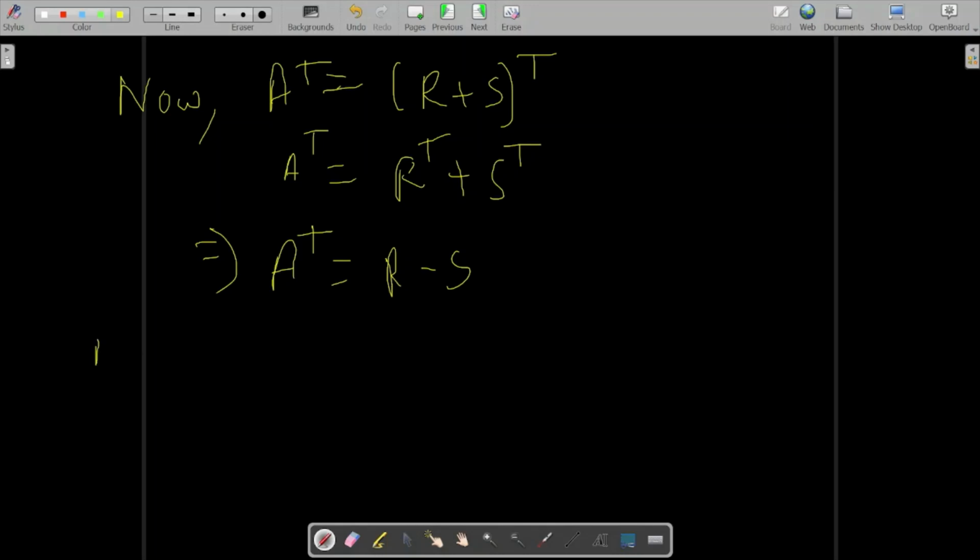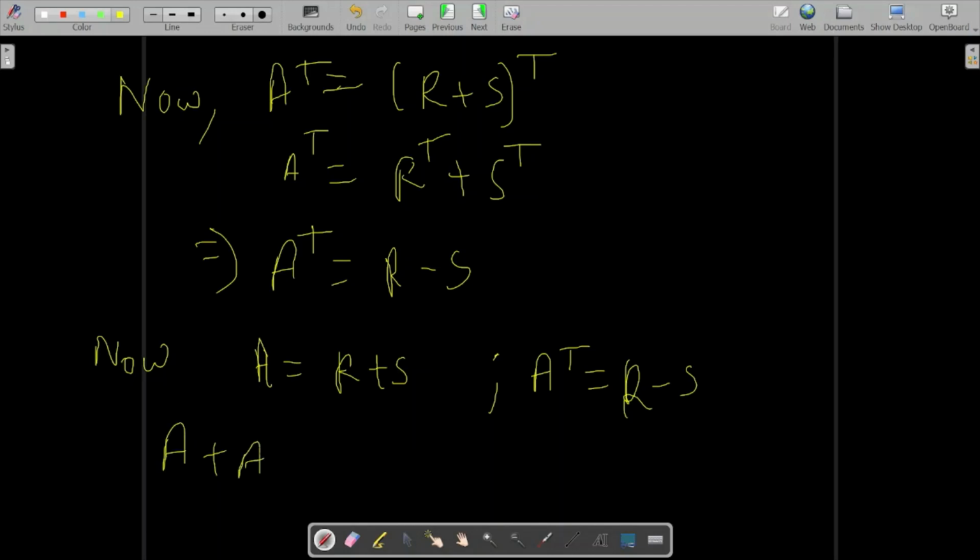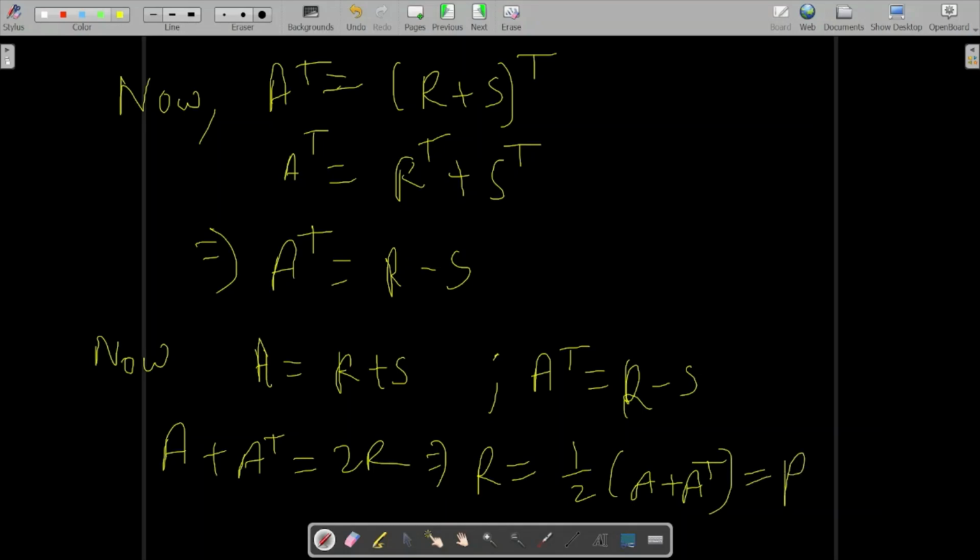Now A is equal to R plus S according to assumption, and A transpose is equal to R minus S. So clearly when we add A and A transpose, we get 2R. That implies that R is equal to half of A plus A transpose, and that is basically equal to P, because P was also like this.